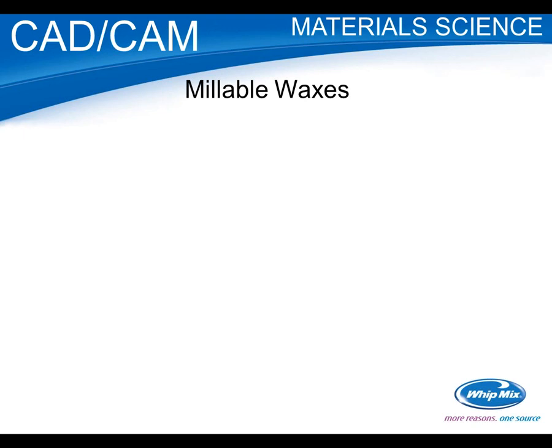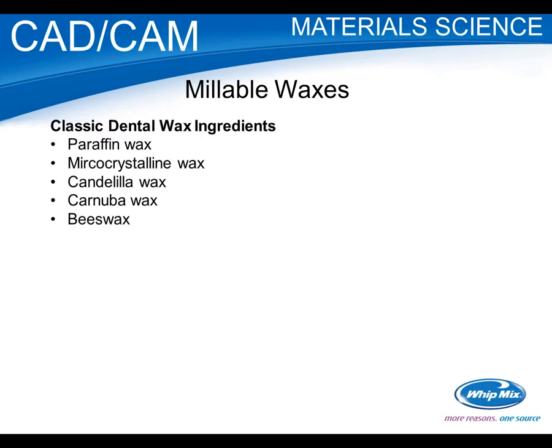Okay, well, let's shift gears here now, and let's talk about millable waxes. And these are really for patterns. The classic wax that you're using now for hand waxing is really a combination of paraffin, microcrystalline wax, candelilla, carnauba, beeswax. These are all kind of natural, organic-type waxes.